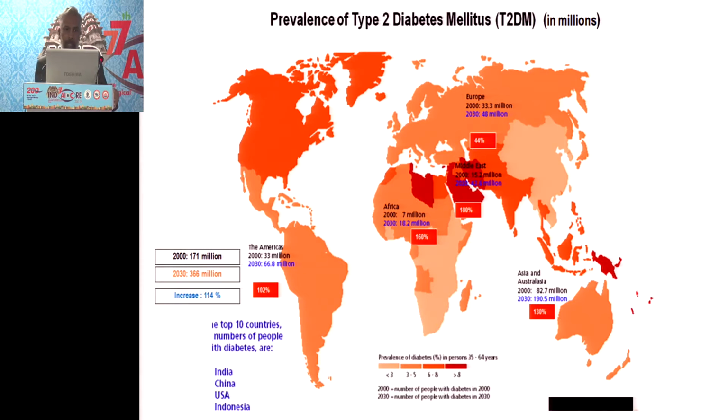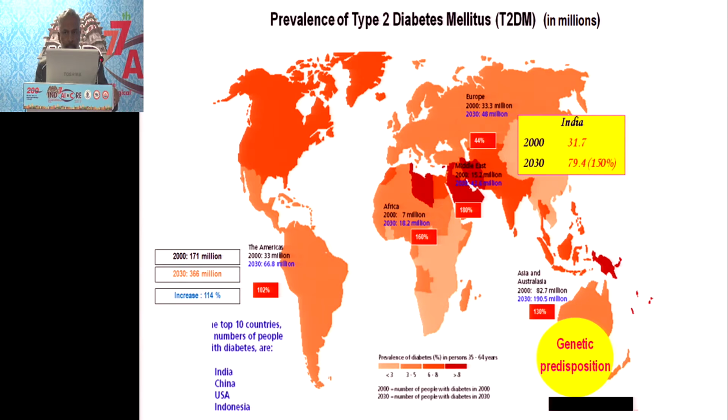Everybody knows that there's a huge and rising population of people with diabetes and its complications. Retinopathy is one amongst them. India and China are some of the real epidemic bombs that are ticking and going towards the complications of diabetes.